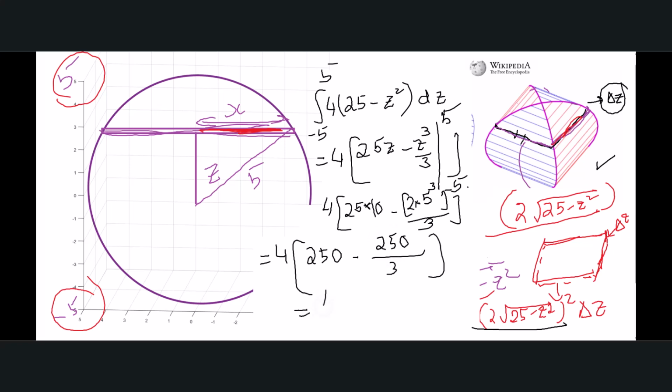So we will have 4 times 500 over 3, and that is 16 times 125 over 3 cubic units. So that's what our answer will be here.